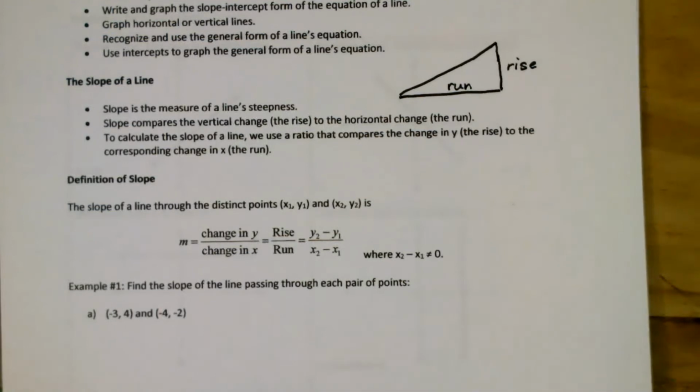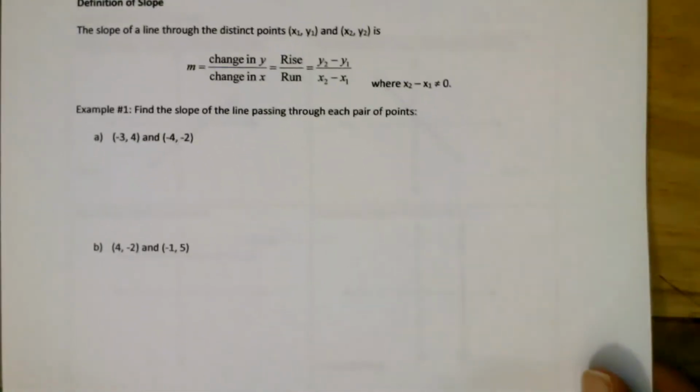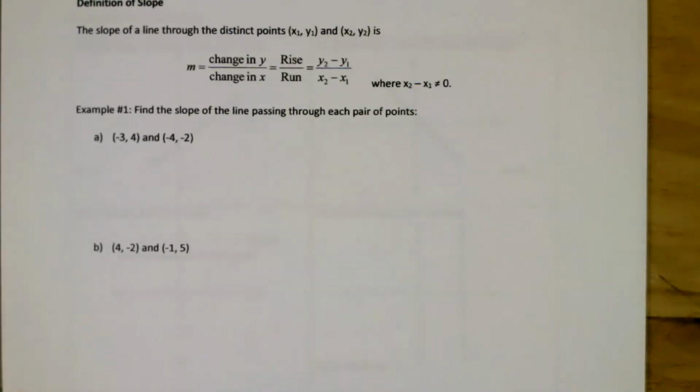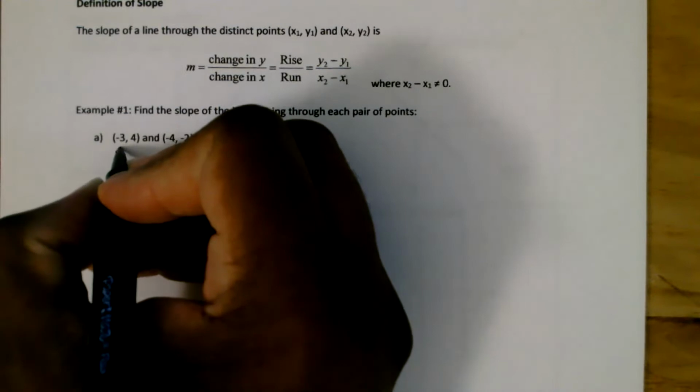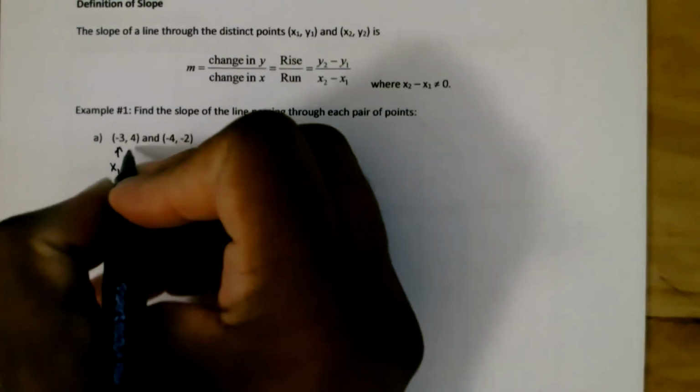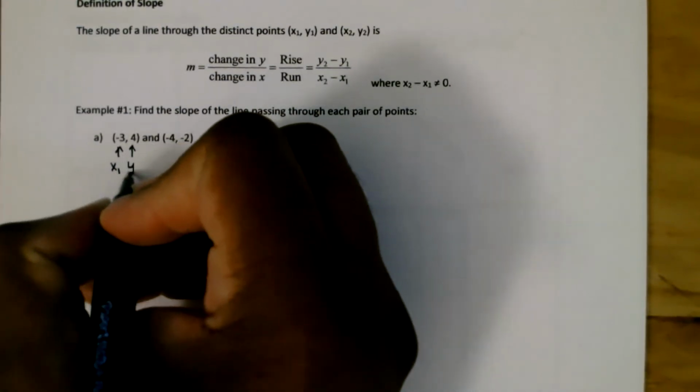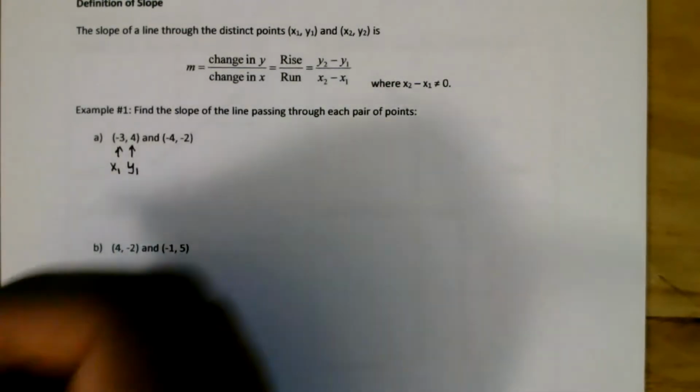So now let's look at a couple of examples of this. Let's say we want to find the slope of the line passing through each pair of points. That's (-3, 4) and (-4, -2). For that first ordered pair, I'm going to let x1 be -3 and y1 be 4.